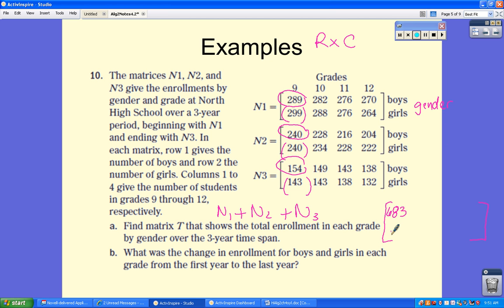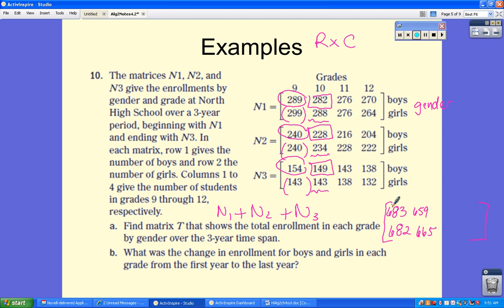I have 682, 282, 228, 149, 659, 288, 234, 143. Okay, so if you see, I've got the squares going here, the squiggly lines. I think you can see where they match up now. I don't think I need to separate them anymore for you.